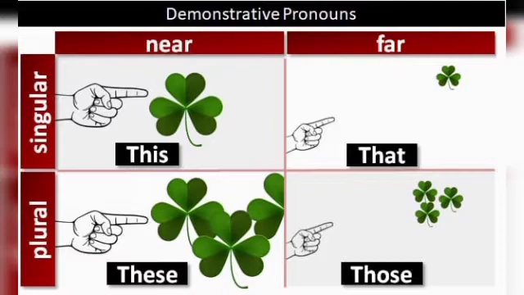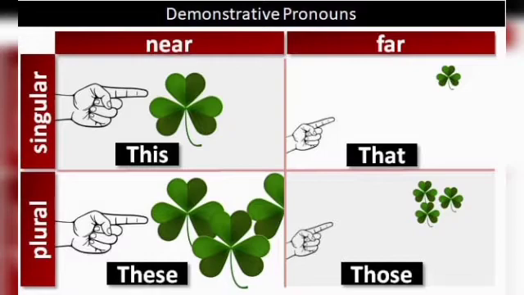In the first picture, it shows that the leaf is near the hand. Means you can say this leaf, isn't it? Because why have you used the word this? Because the object, the thing, the leaf is near. In the second picture, it is showing you that the leaf is far.